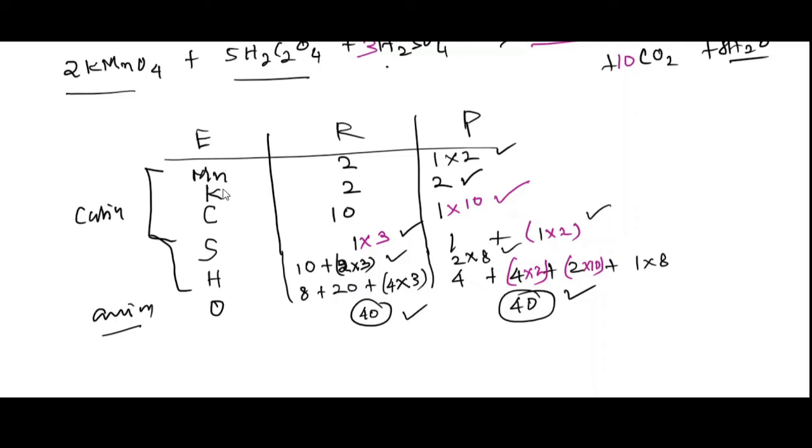The one which is widely distributed should be given the least priority, and that is why hydrogen is given the least priority, because it is widely distributed. And what about oxygen? It is much more widely distributed, so don't worry about that. That will get balanced by itself. Okay, so attack like this and it will be very easy for you.